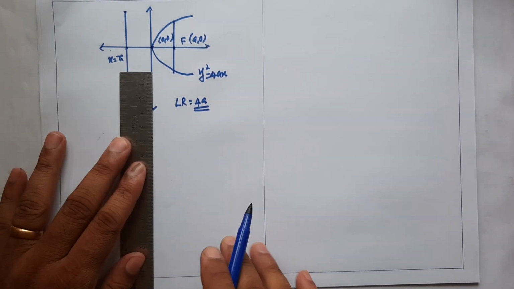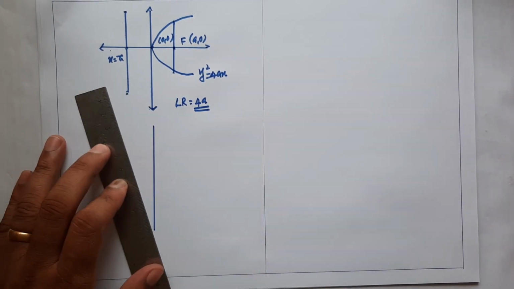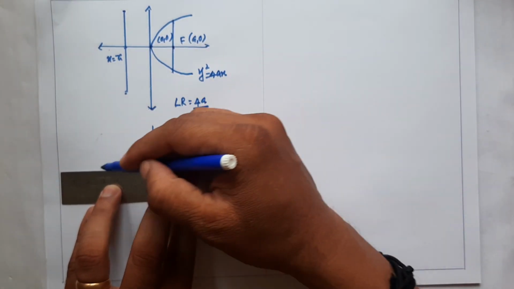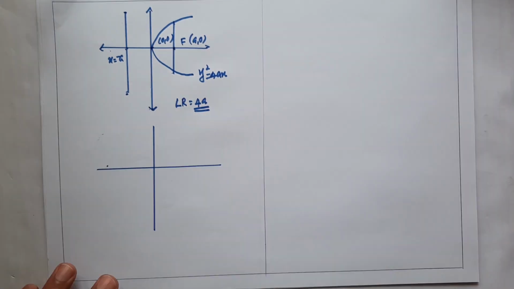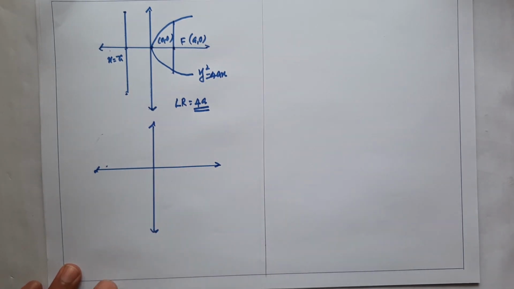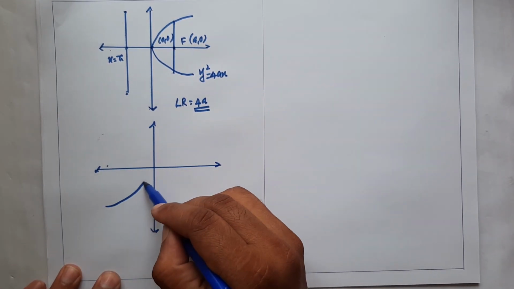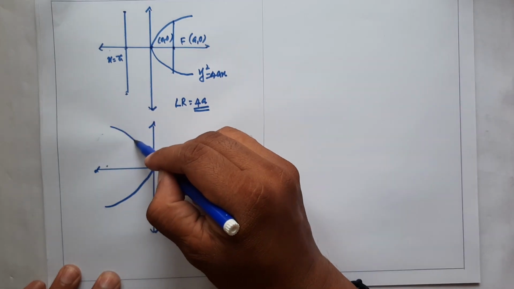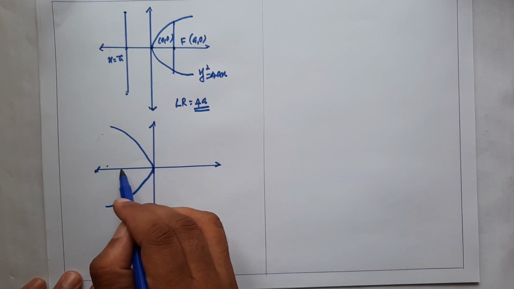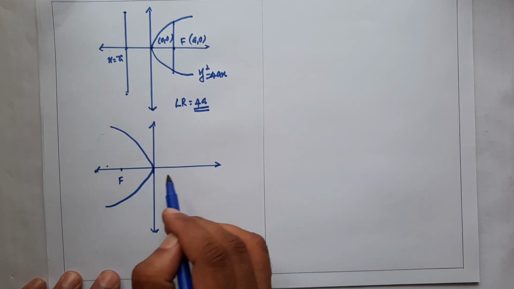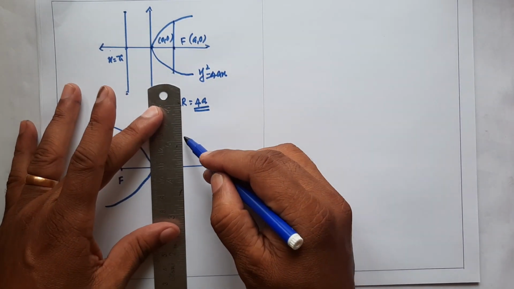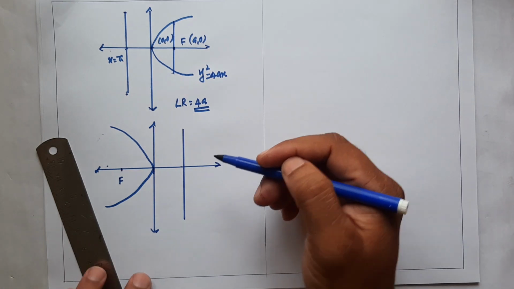Now the second parabola is on the left side of the y-axis. Here the focus lies here and the directrix is here.